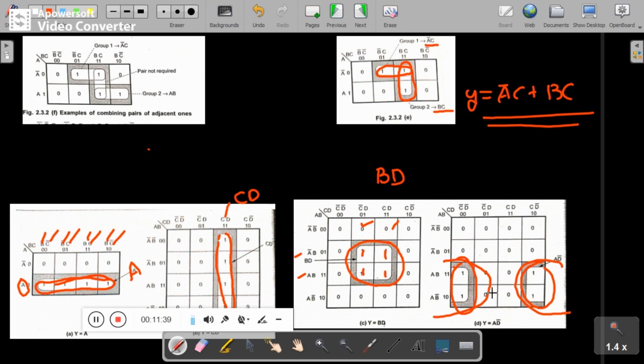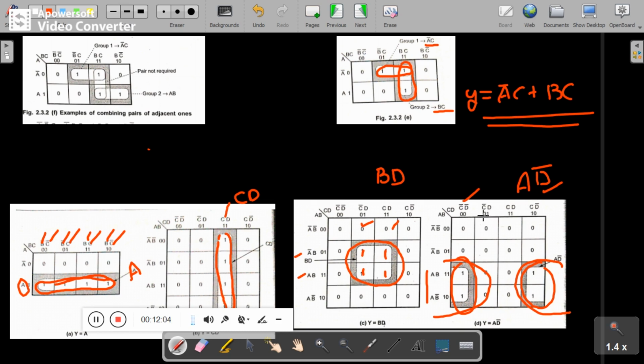And what is the answer? First you have to see vertically which is common, A. And then you have to see top side horizontally which columns. This column and this column. In this column and this column, which is the common? D bar. So the answer is AD bar.